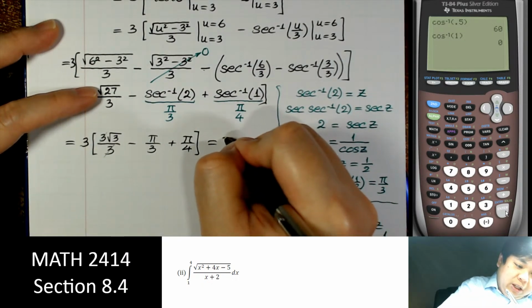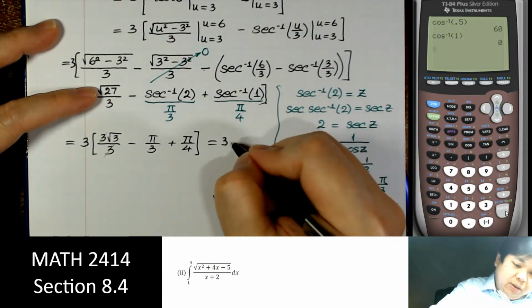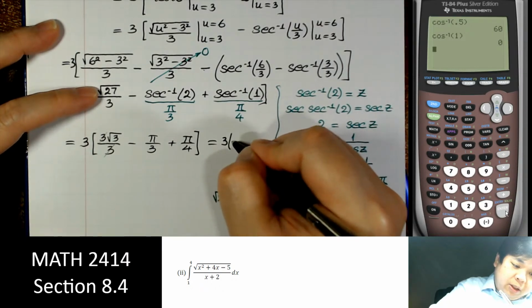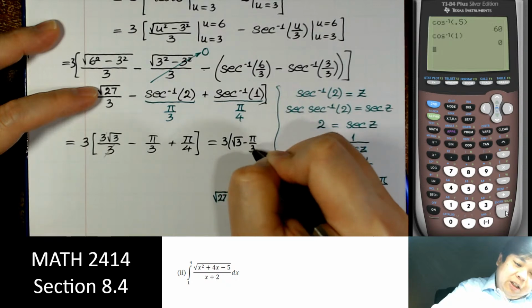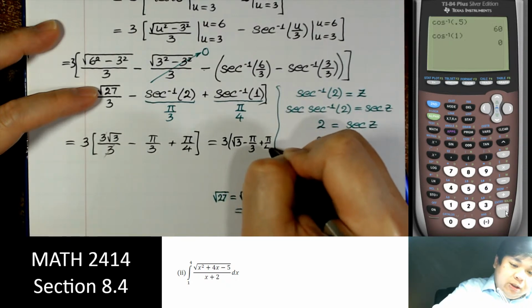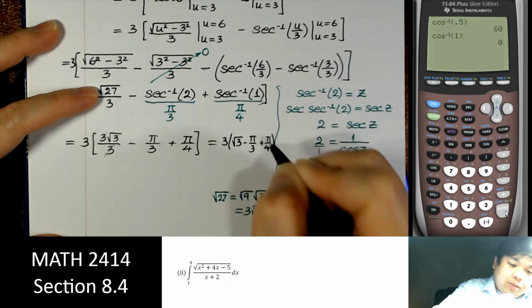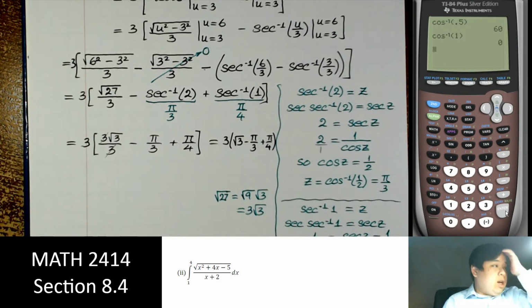So we have 3 square root of 3 minus pi over 3 plus pi over 4. Right, so that's what we have.